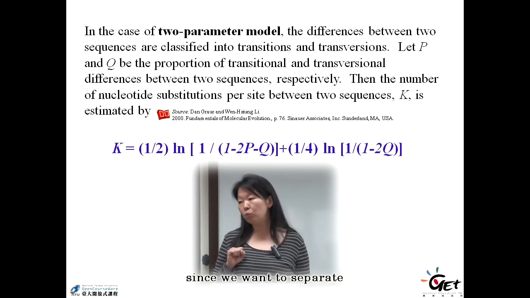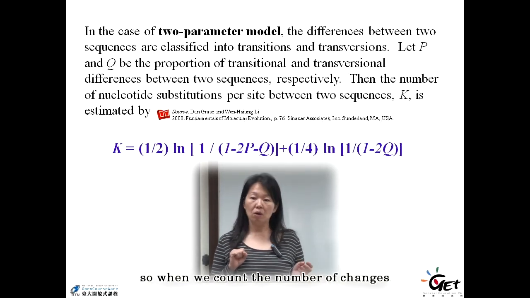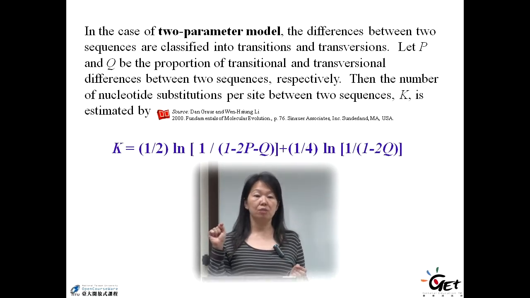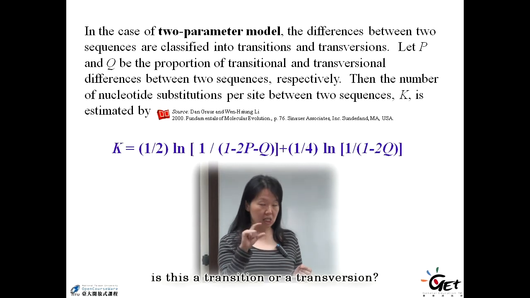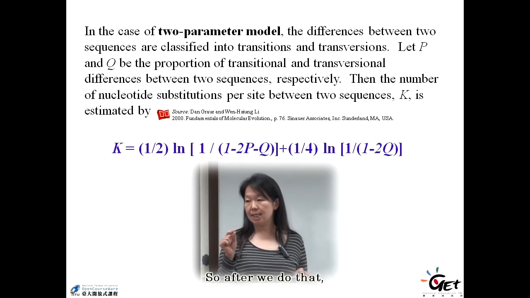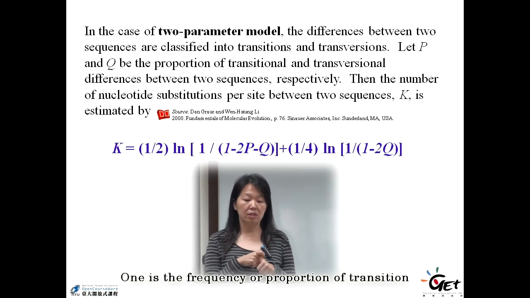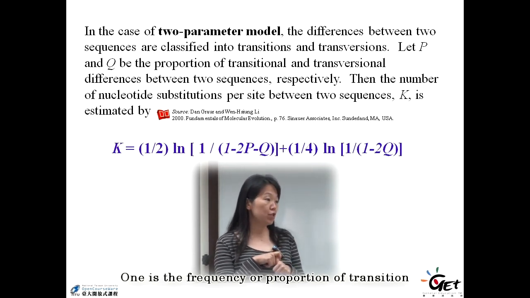But now, since we want to separate the transition and transversion, when we count the number of changes, we also have to recognize whether this is a transition or a transversion. After we do that, we'll have 2 observed numbers. One is the proportion of transitions.